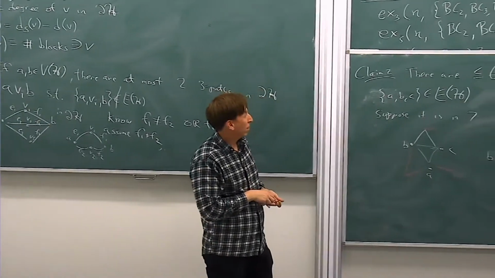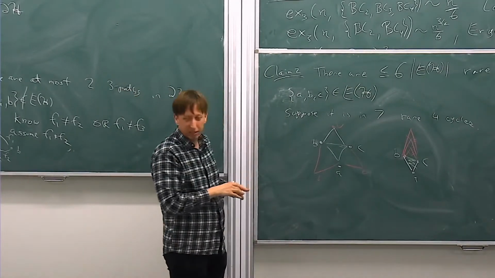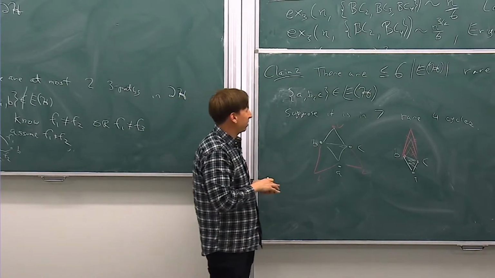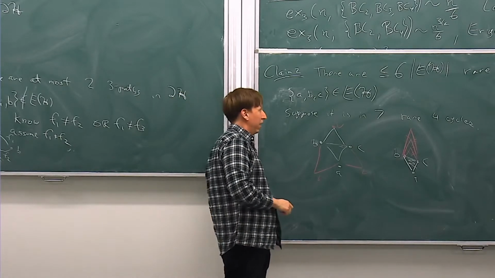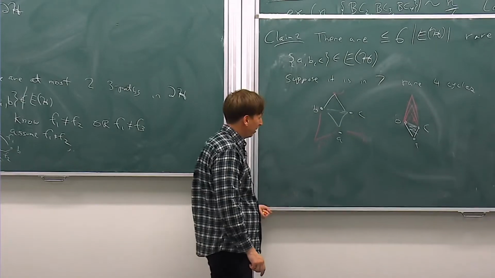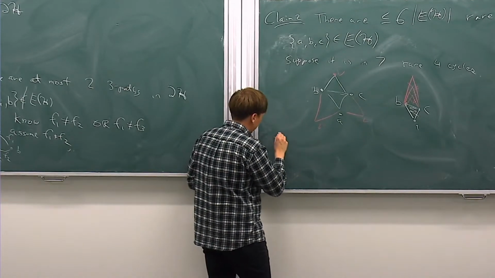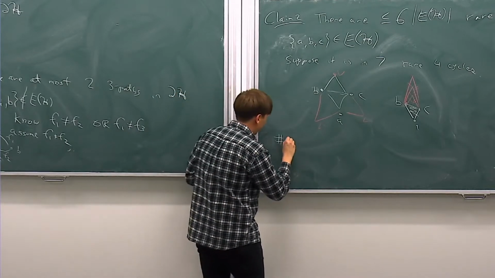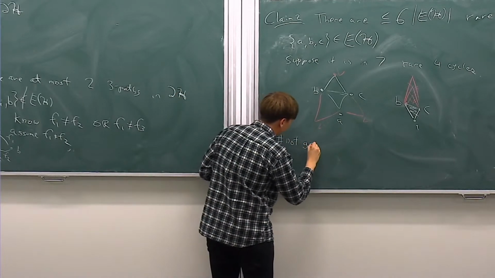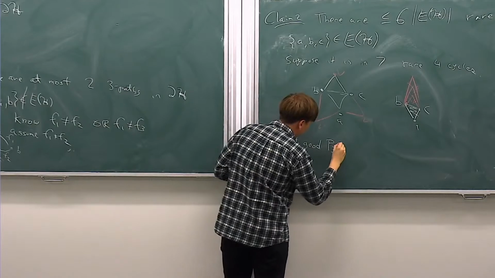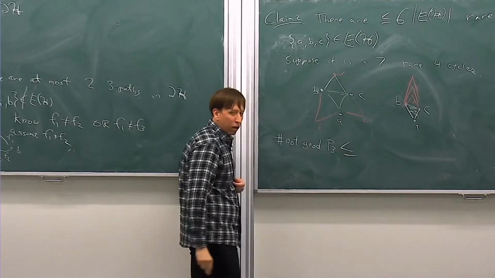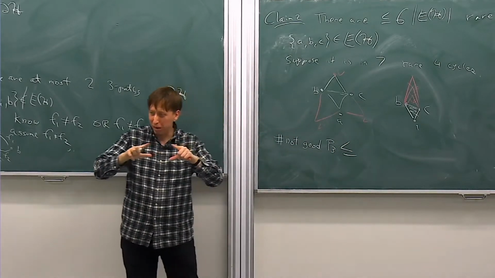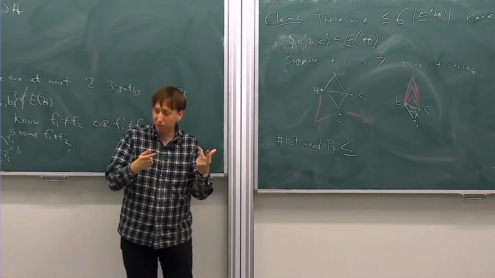So here we bounded that there's at most 6E rare 4 cycles. And then that gives a bound on the number of not good 3 paths, the number of not good P3. Well, on the one hand, we can have a bad 3 path by it living in an edge.